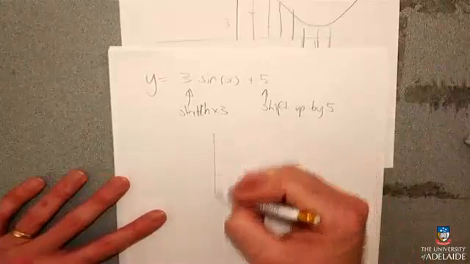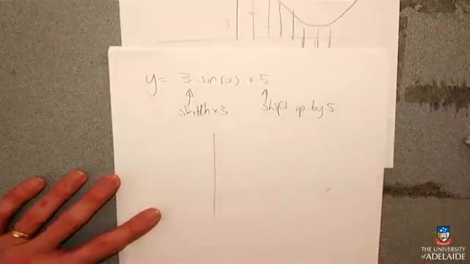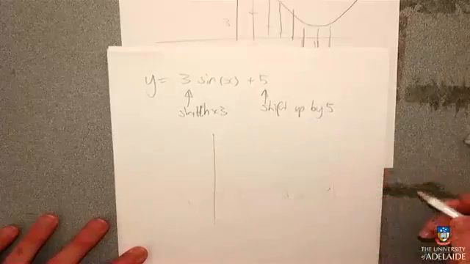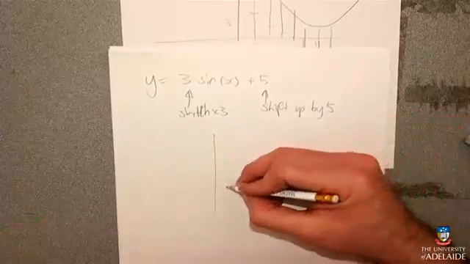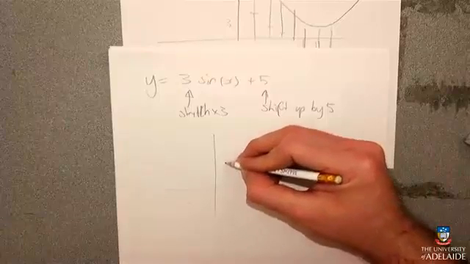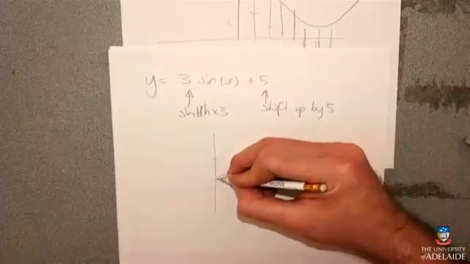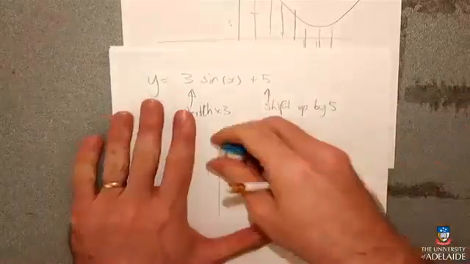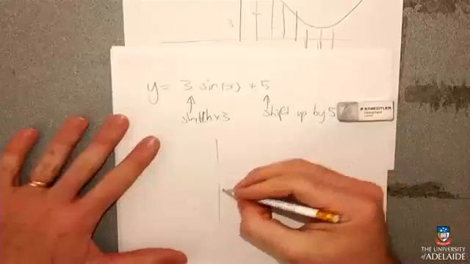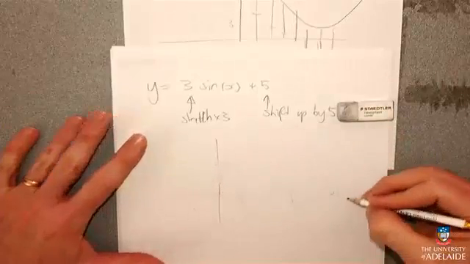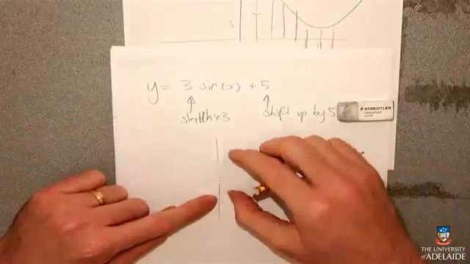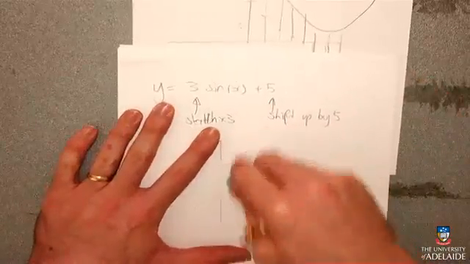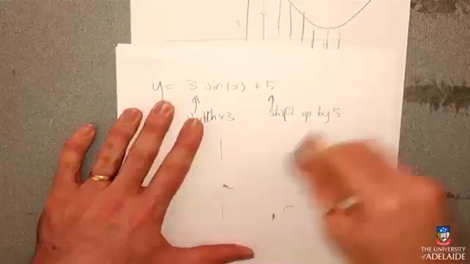And so what that means is your graph used to look like this, and it was 1 high, and then it became 3 high, and then everything shifted up by 5. So it became 3 high, and it was then this wide, and then I shifted it all up. And so this centre happened now at 5.